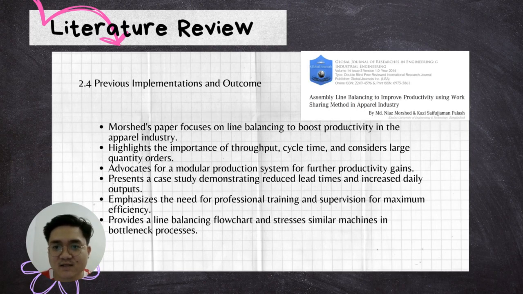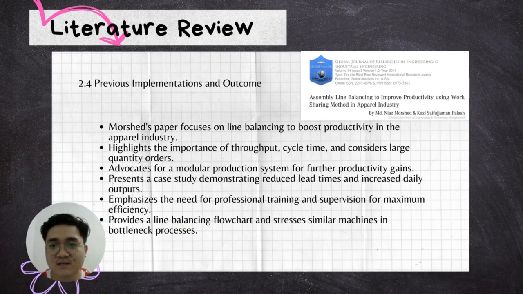So for the next article, assembly line balancing to improve productivity using work sharing method in apparel industry. It focuses on line balancing to boost productivity in the apparel industry. Highlights the importance of true output, cycle time, and considers large quantity orders. Advocates for a modular production system for further productivity gains.